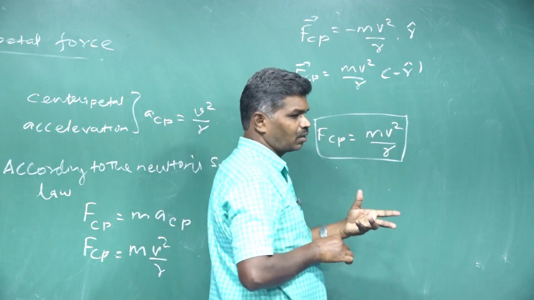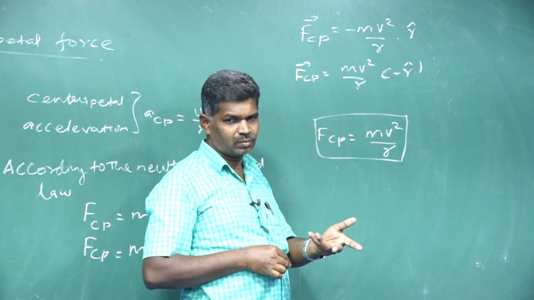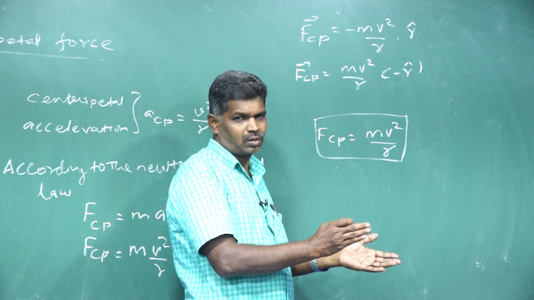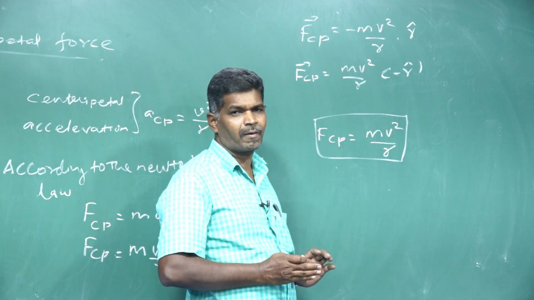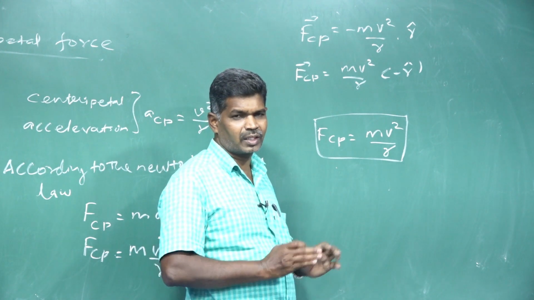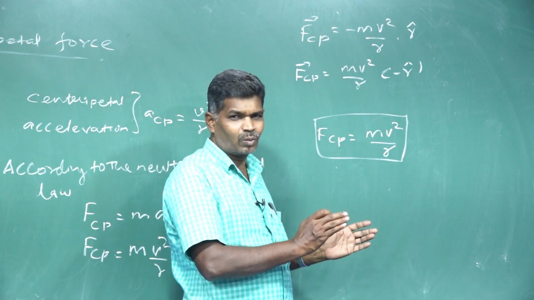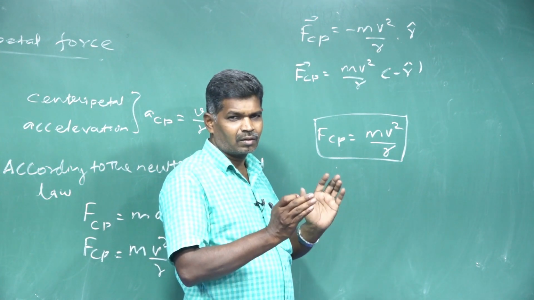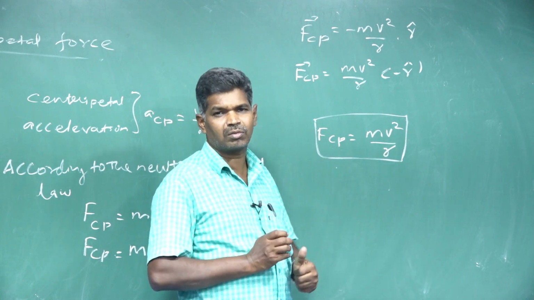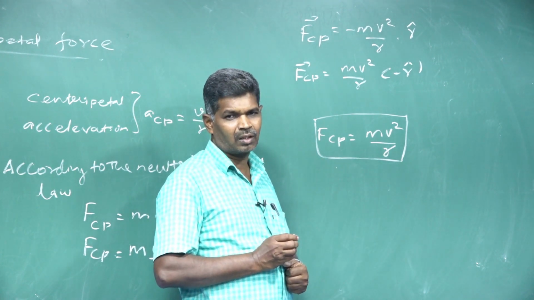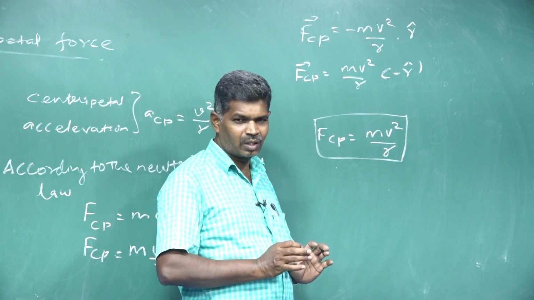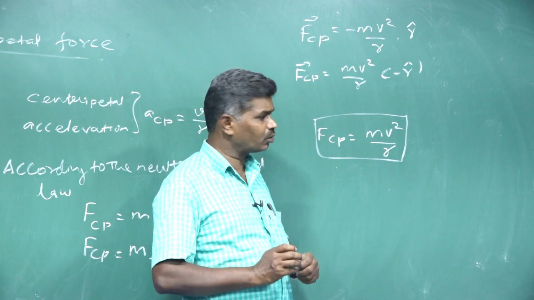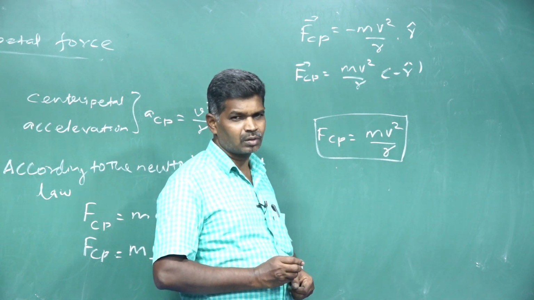In a gravitational field, the gravitational force can act as the centripetal force. That is, for a satellite revolving around the earth, gravitational force equals centripetal force. When an electron revolves around the nucleus, electrostatic force equals centripetal force.